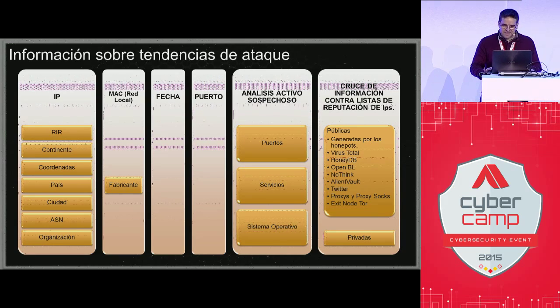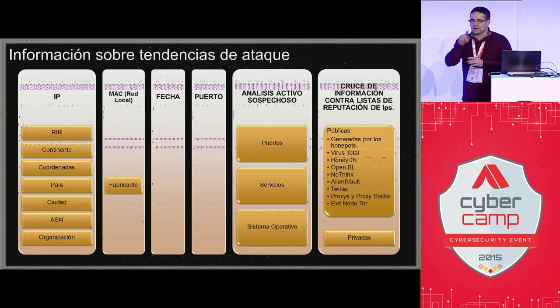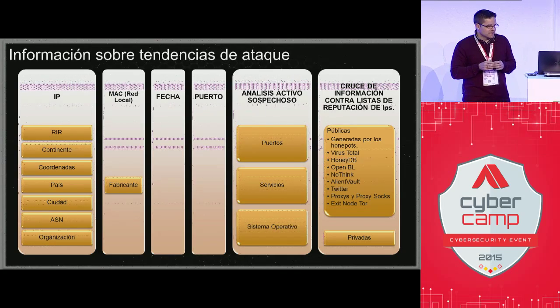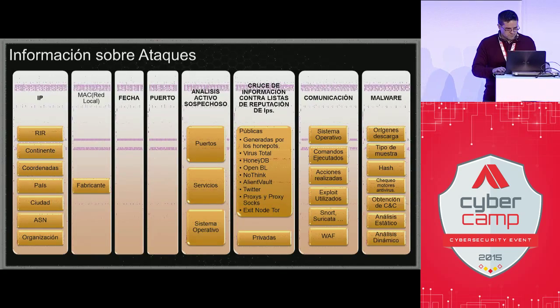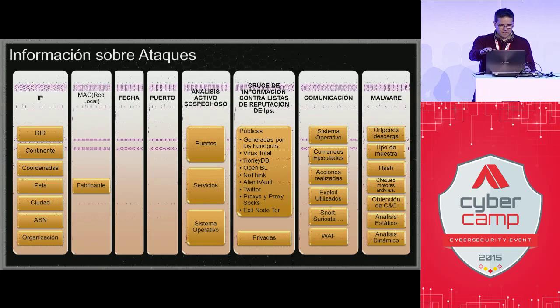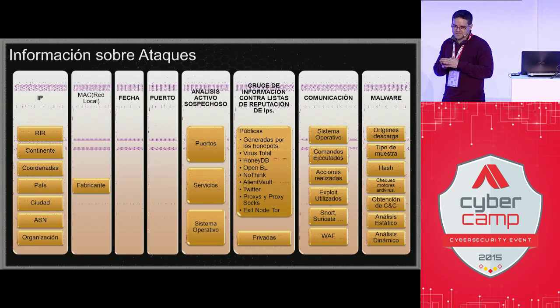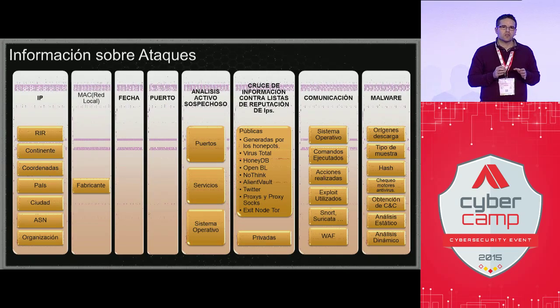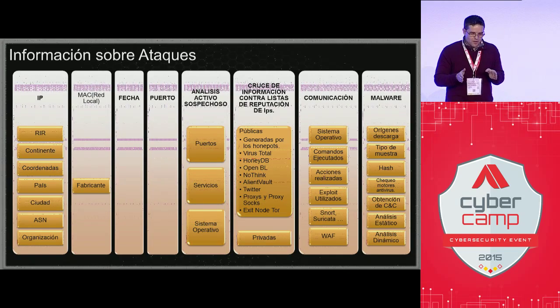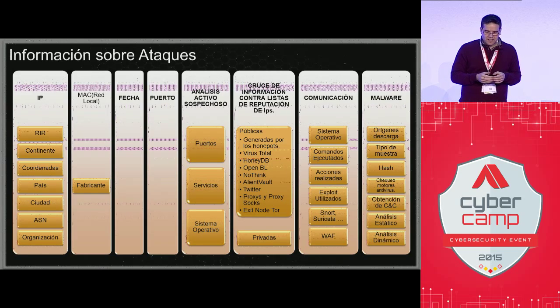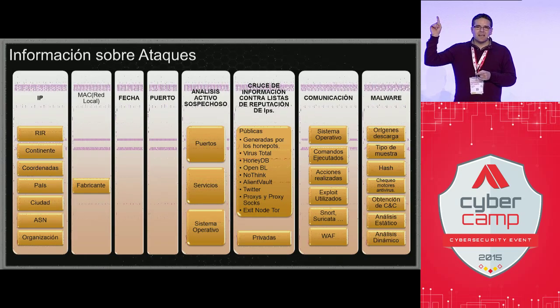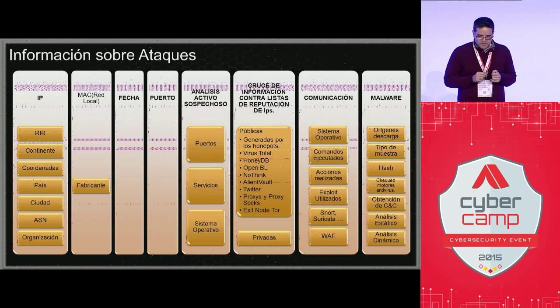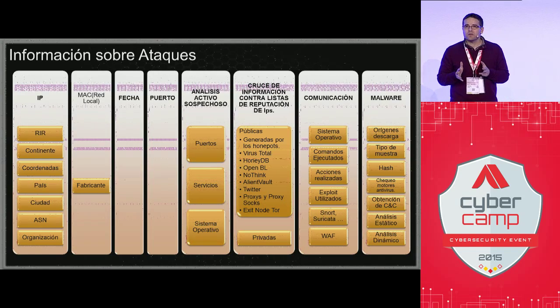Once we know the honeypot that we want to install, then we would allow a connection to take place. Information about attacks: as I say, the moment we install a sensor, we open up a port for a given service. And we don't only obtain all the information that I told you before, we also get information from communication.